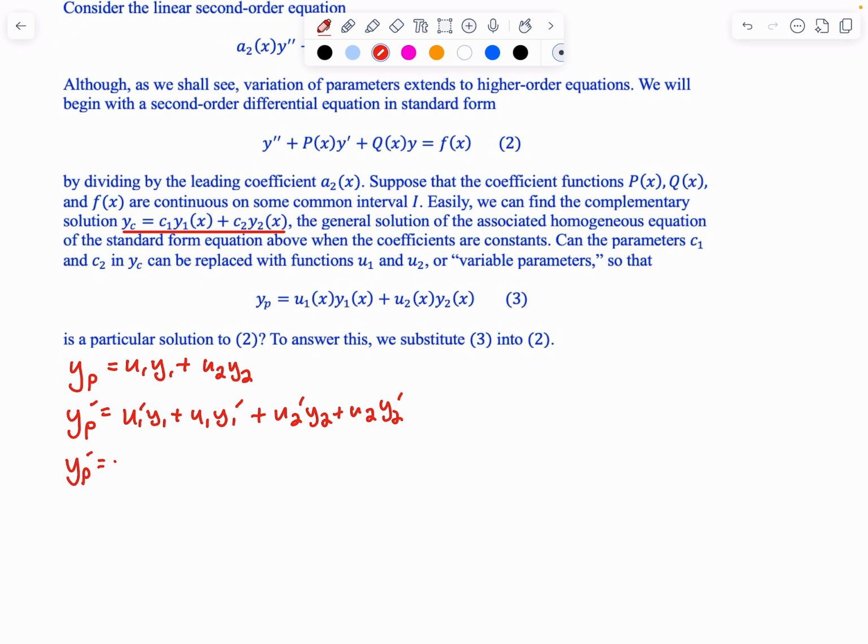All right, so U1 double prime times Y1 plus U1 prime times Y1 prime. I'm going to start underlining this to help you, and then also to make sure I stay on track. Okay, that was that first one. I'm going to do the next one, U1 prime Y1 prime plus U1 times Y1 double prime. All right, that was this one.